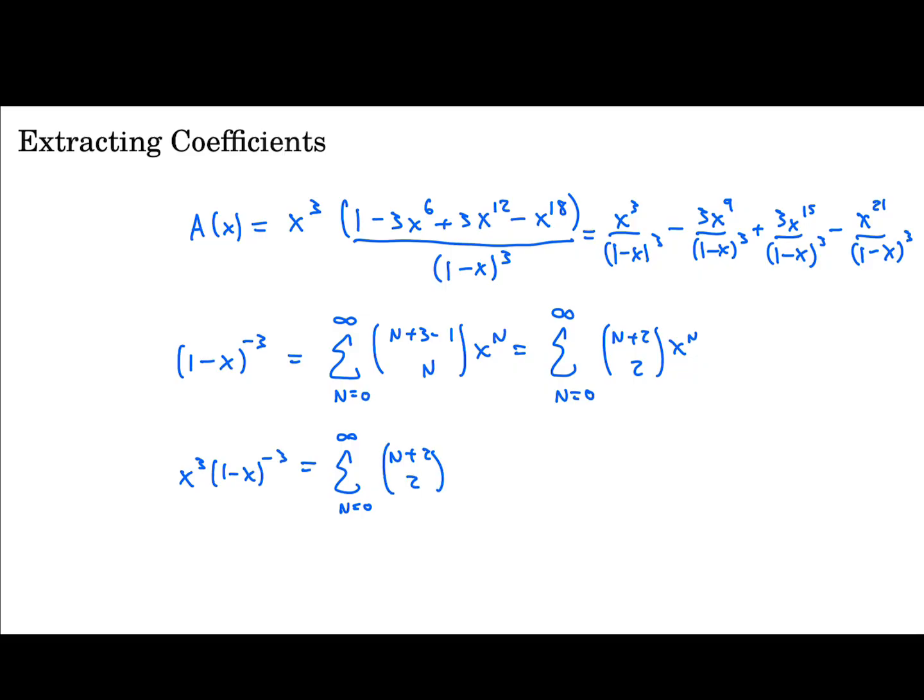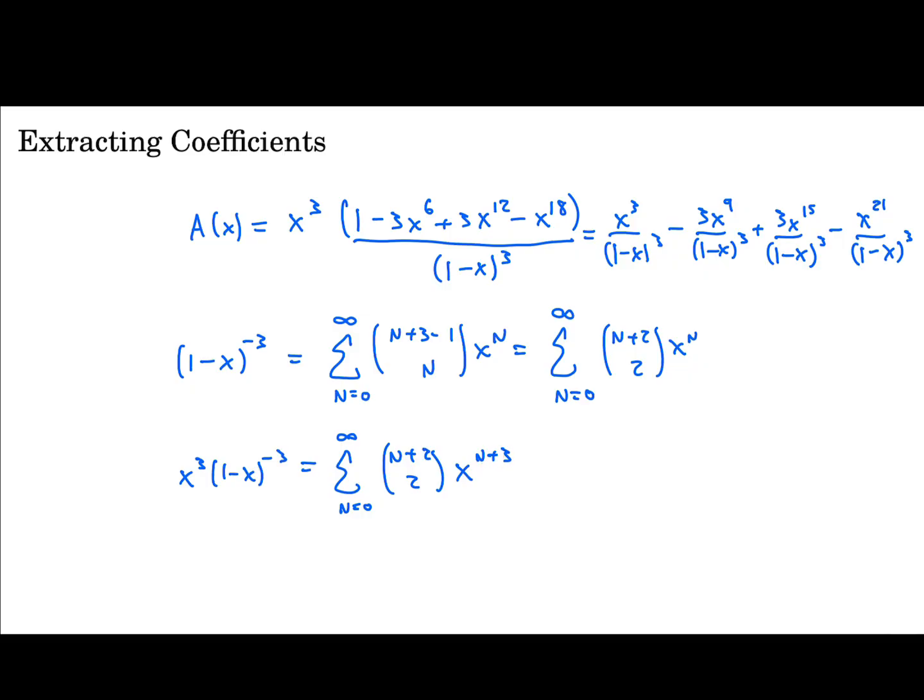But now when you multiply by x cubed, you add 3 to this n, x to the n plus 3, and we saw that we can do the shifting indices thing.